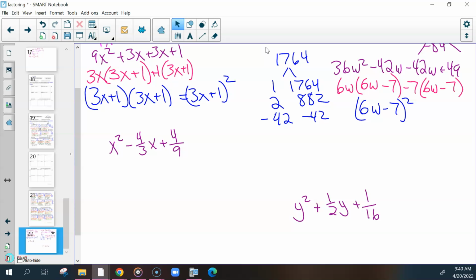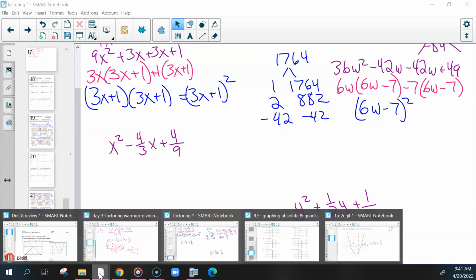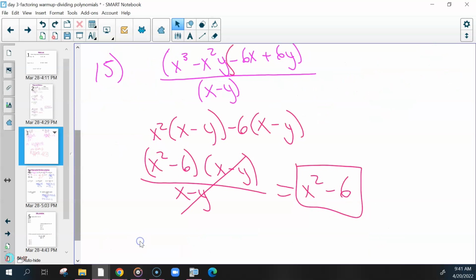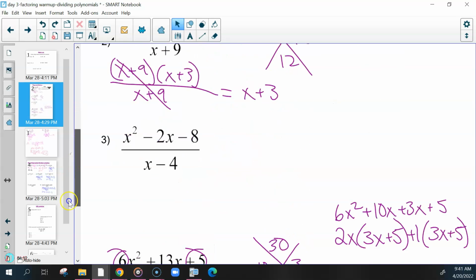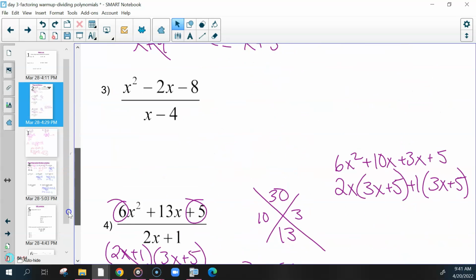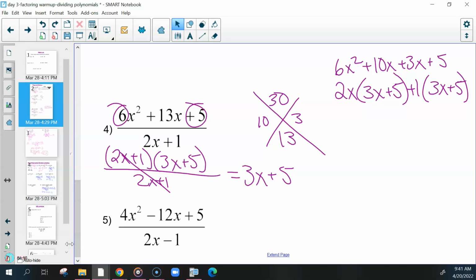Along with, mine did not have all of these problems, or I would have just done 6 and 7 on this page. Anyway, on the polynomial division page, I don't have all of these, but number 3.